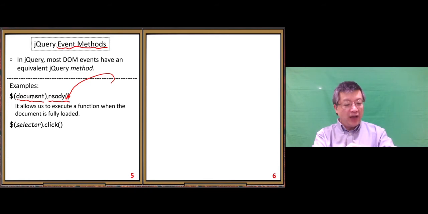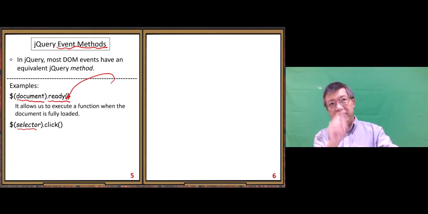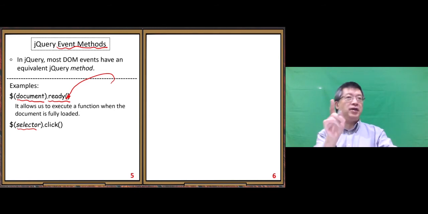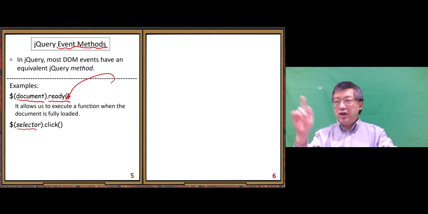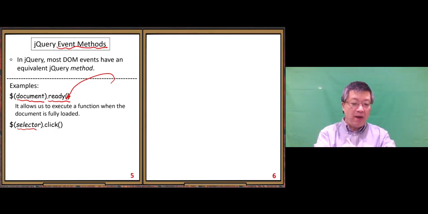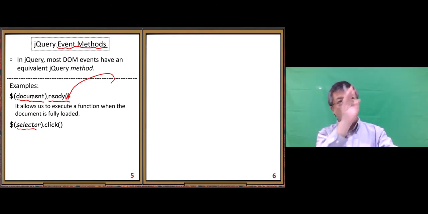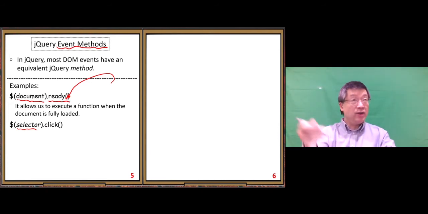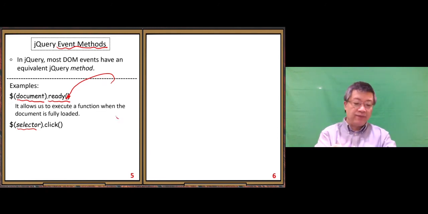This example, selector, $ parenthesis selector, dot click. We know there is an event called click, an HTML event. But here in the jQuery version, it uses the click method that corresponds to that event. When that click happens, this method is called. When you call this method, what to do in it?